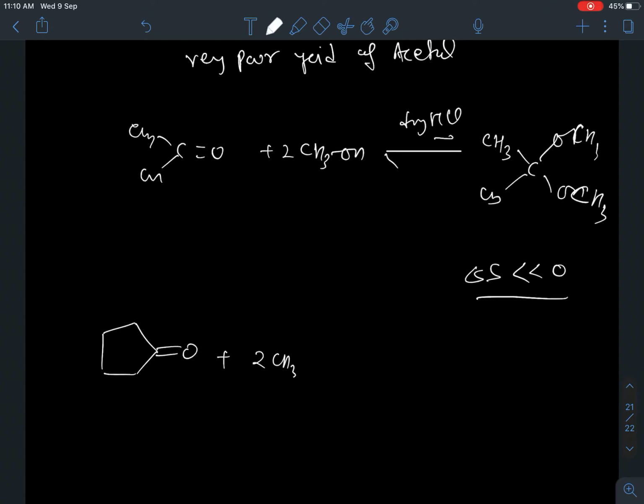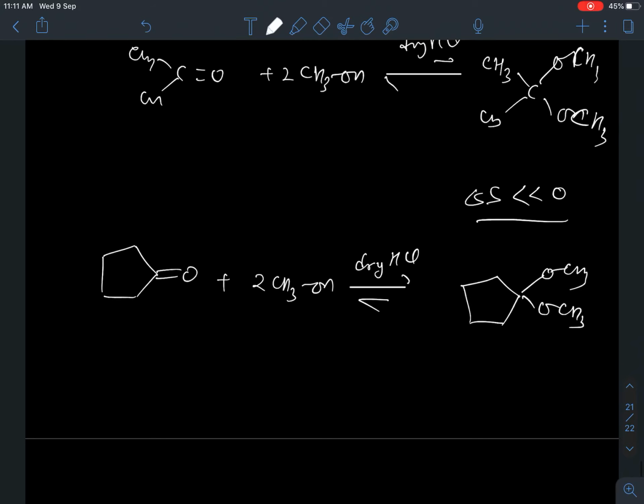That will react with CH3OH and you will get considerable good yield of this product. You are going to get good yield of this. Good yield.